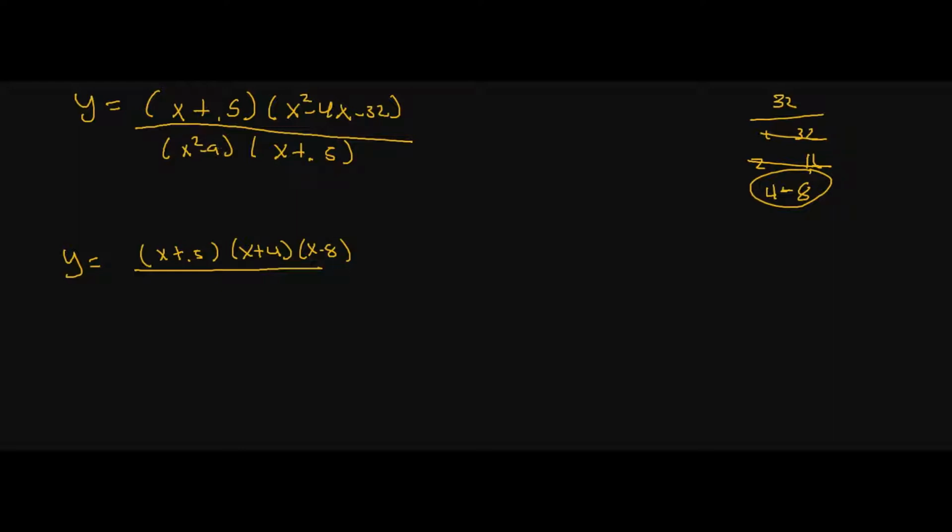On the bottom, we have x squared minus 9, which I'll write as x squared plus 0x minus 9. The factors of 9 are 1 and 9, and 3 and 3. Well, 3 minus 3 gives me the 0. So I get x plus 3, x minus 3, and x plus 0.5. Again, negative 8 plus 4 gives me negative 4, and multiplied they give negative 32. 3 times negative 3 is negative 9, and added they give 0.